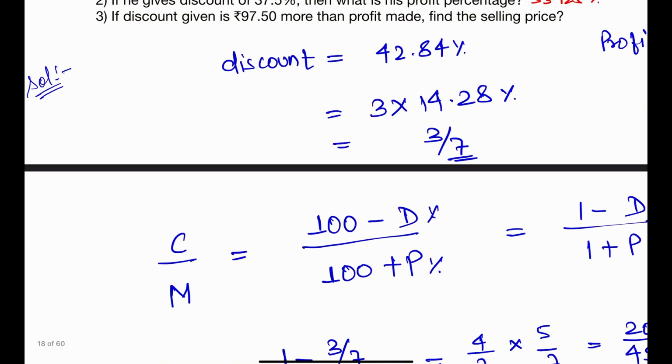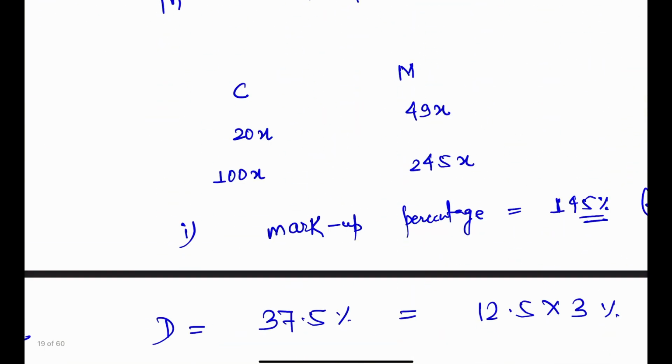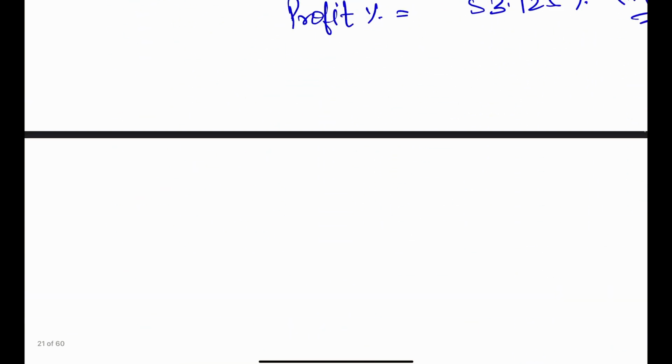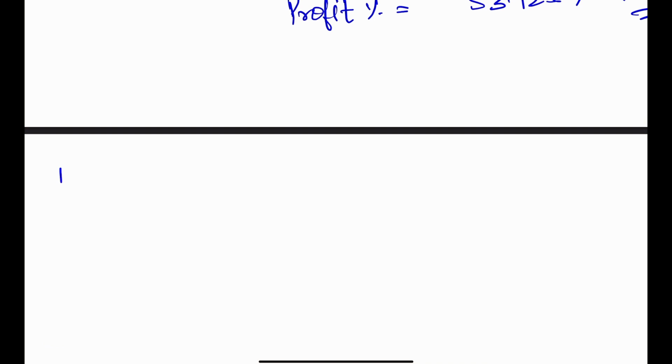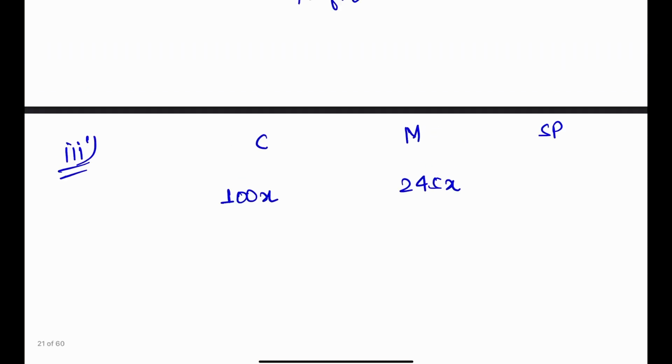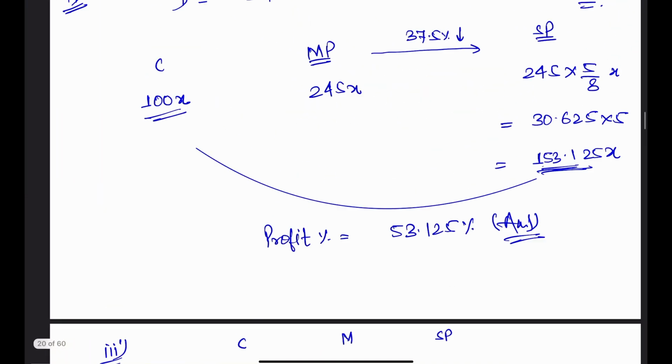Okay, great. So let's take the same example from here, because it's a continuation of the same question. So our C, marked price, and SP: my cost was 100x, this is 245x, and my selling price was how much?